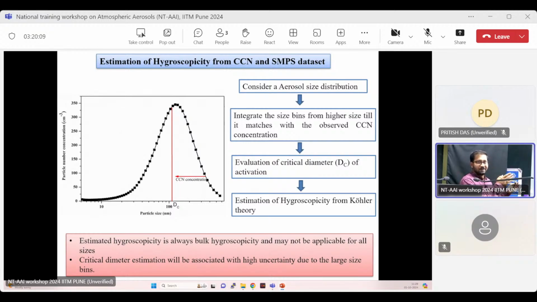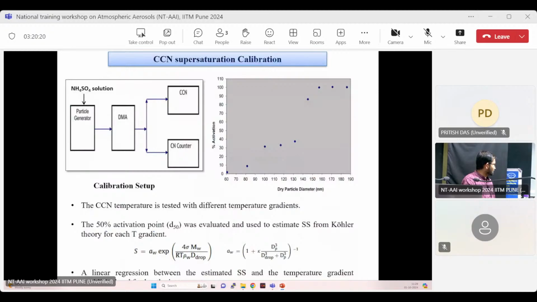That many particles have got activated, so the corresponding diameter is the critical diameter. You can use that as dP, and you know the supersaturation you set for CCN and all other parameters, so you can easily calculate kappa.